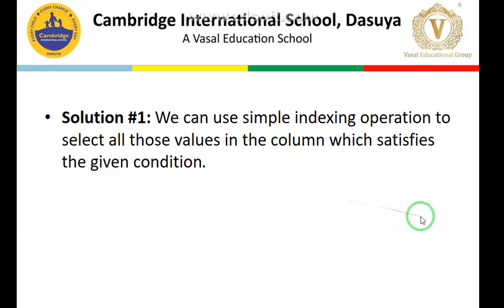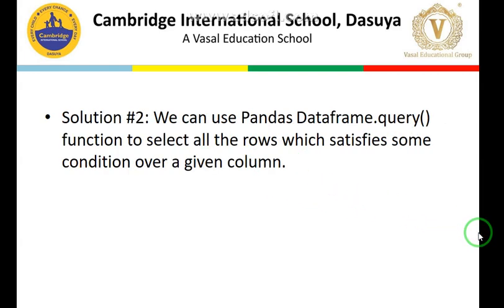The second method is that we can use the pandas DataFrame query function, another function available in the data frame, to select all rows which satisfy some condition over a given column. Like the column we are using, the updated price.